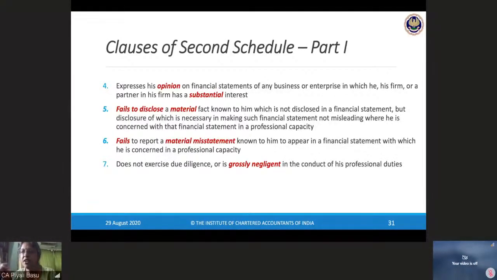If he is an officer or an employee of that company. So when we are talking of this, the opinion and substantial interest, we must read it with the qualifications and disqualifications given in Section 141 of the Companies Act. Keep that in mind.